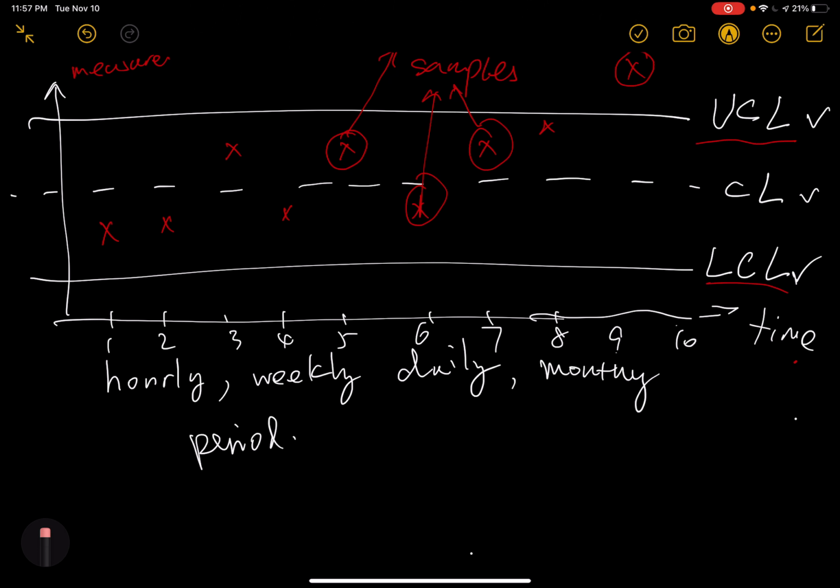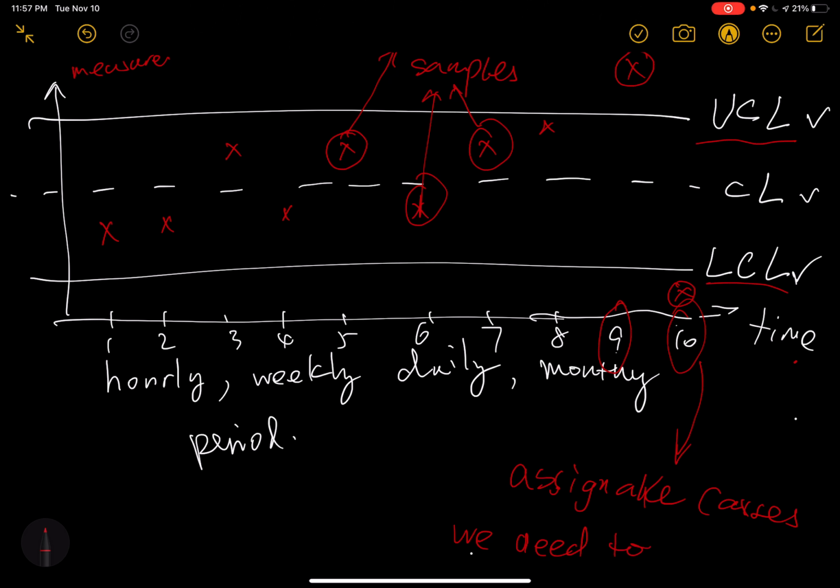Similarly, if you have something like this, it's under the lower control limit. So in these cases, 9, 10, if we have such a thing out of range, we will say there are assignable causes we need to identify.